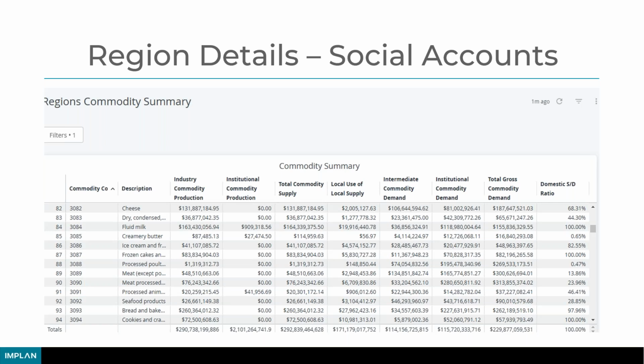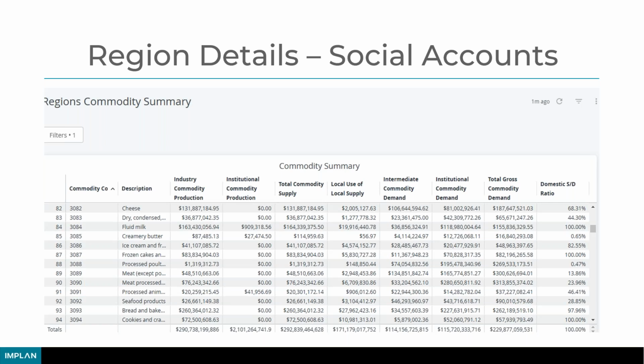The second one is institutional commodity production. How much of that is being produced by other institutions in that region? Generally, these are government-related entities. So in this case, 0 bread and bakery products are being produced. There is some production in the fluid milk sector.